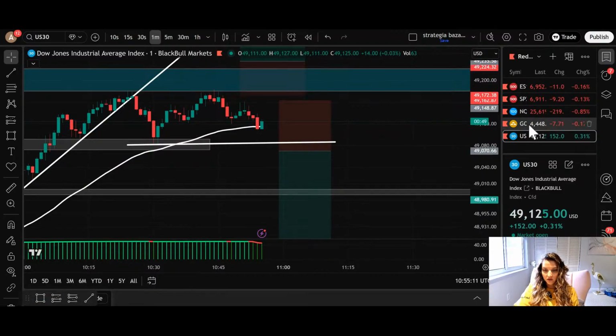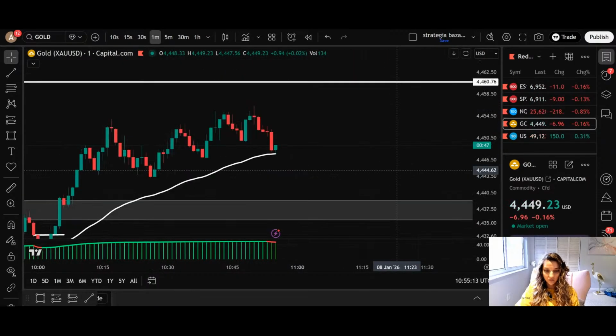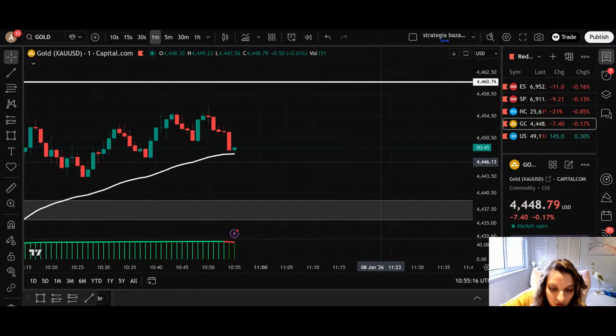Well, gold crossing, it says. Let's see. Oh, here we go. Okay, so this is the first candle that touched the EMA.